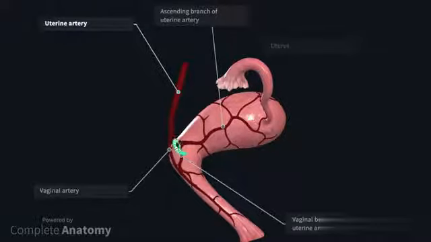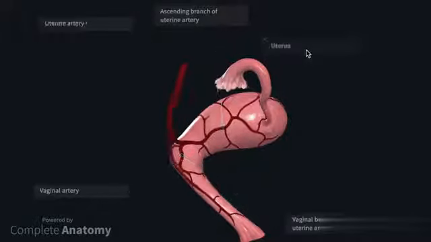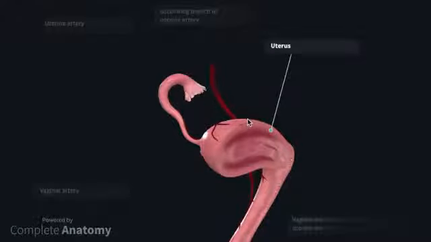At the level of the cervix, the uterine artery will split to form the ascending branch, which will supply the corpus, the uterine tube, and sometimes the ovary, and a descending branch, which will supply the vagina. However, it is important to remember that great variation is often observed in this region of the body, and so it is important to trace the vessels in order to ascertain which structures they are supplying.